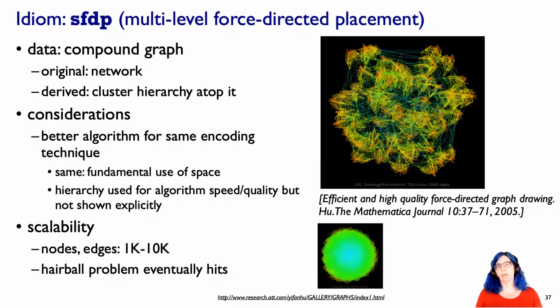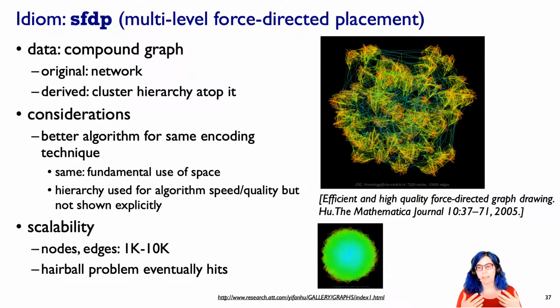Here's another example of using multi-level structure where it's not affecting the visual layout at all. I mentioned earlier that there were real challenges with scalability computationally with just naive, simple force-directed placement. So here are some examples of deriving a cluster hierarchy for some given base graph and using that to speed up the algorithm, but the visual encoding is identical.